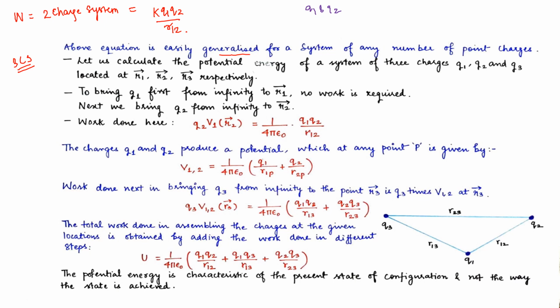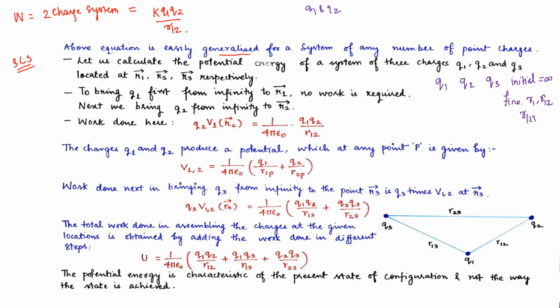Again we assume that we have three charges Q1, Q2, Q3 initially at infinity, then finally they are brought into a configuration of R1, then the other one brought at R12 and the third one is brought at R123.